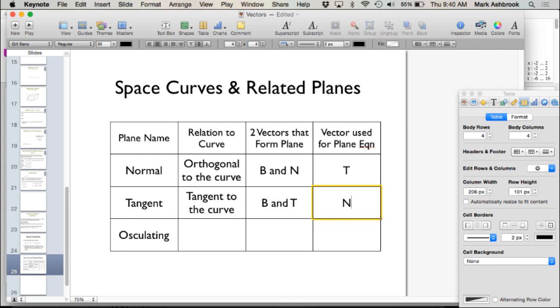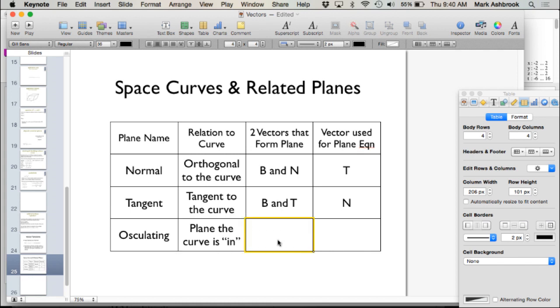Finally, the osculating plane. We said that's the plane parallel to the curve, like the plane the curve is kind of in at that moment, or parallel to the direction of motion.